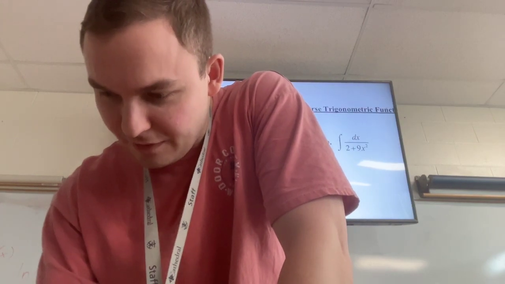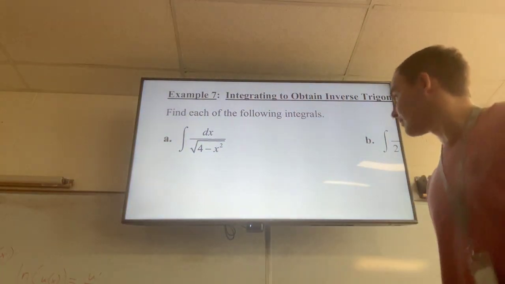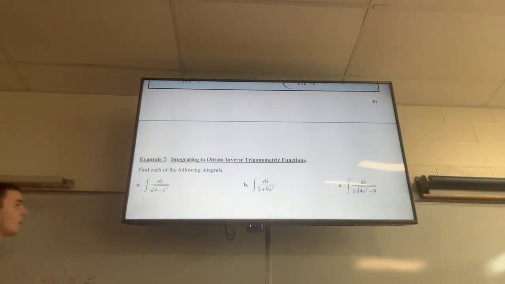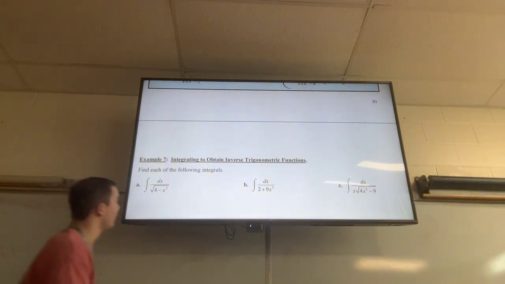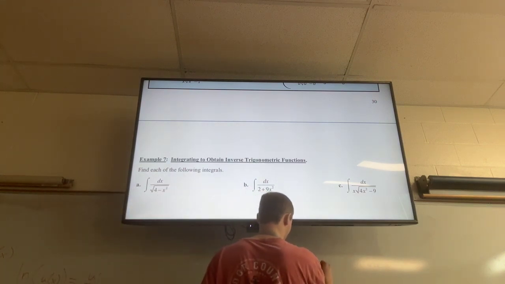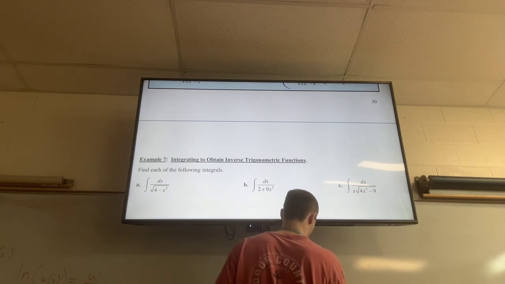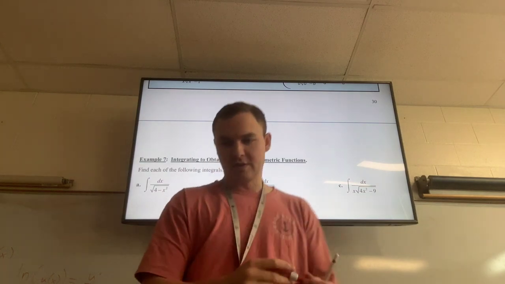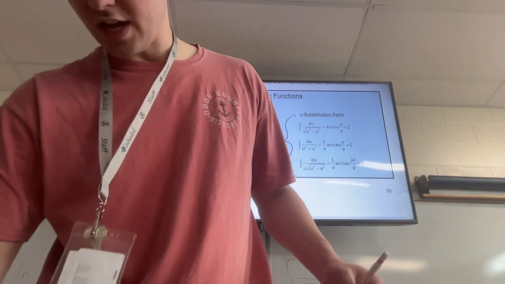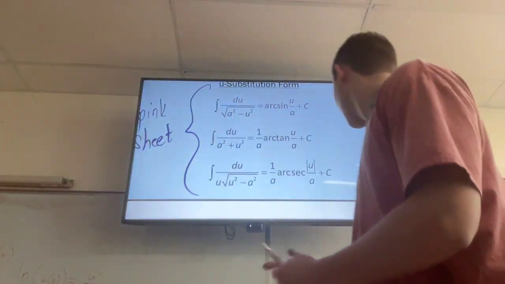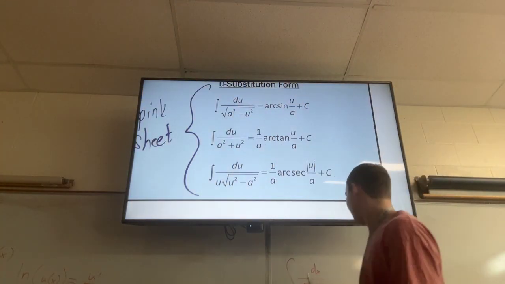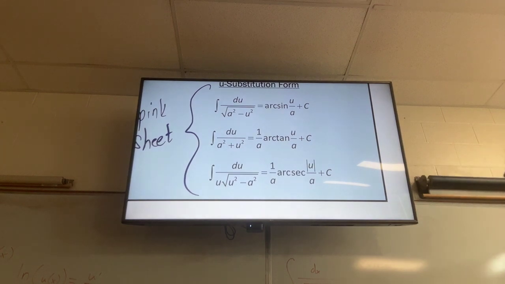All right. Find each of the following integrals. Okay, so I've got the integral of dx over the square root of 4 minus x squared. Let's pull our formulas out. Which formula does this problem look the most like?